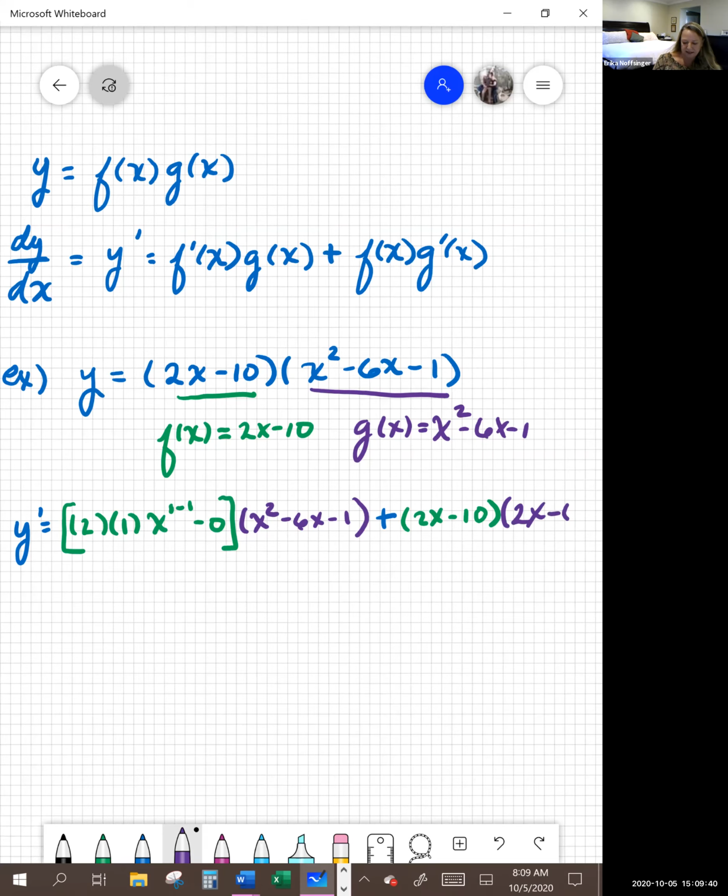So we have minus 6. So if we simplify, this is 2 times 1 is 2. x to the 1 minus 1, that's x to the 0. But anything to the 0 is just equal to 1. All times this piece, x squared minus 6x minus 1.